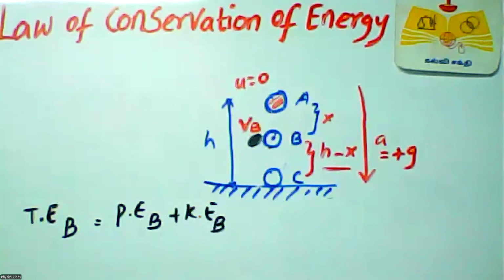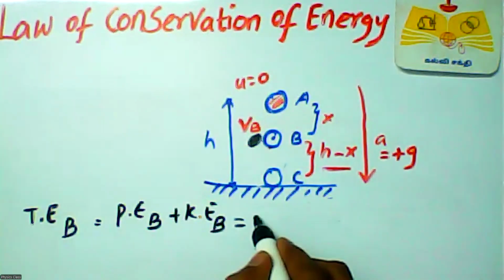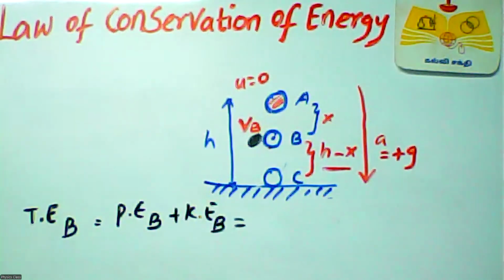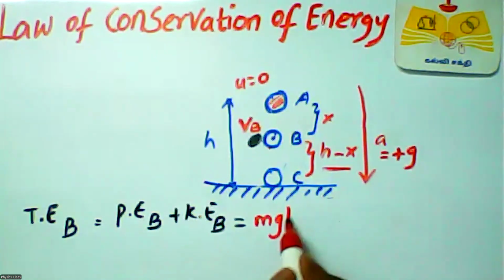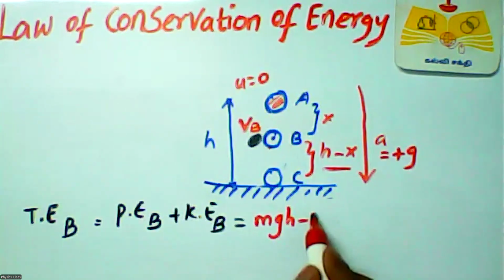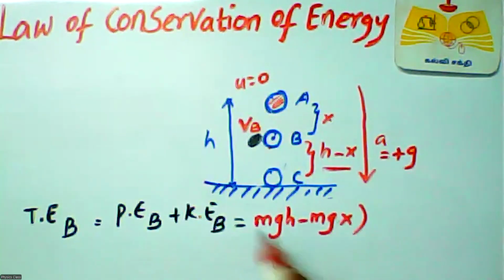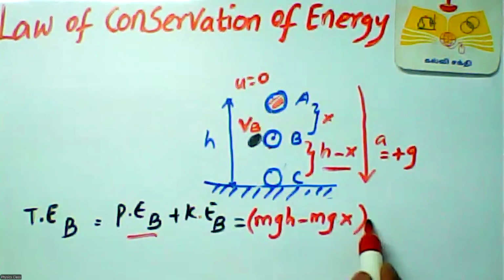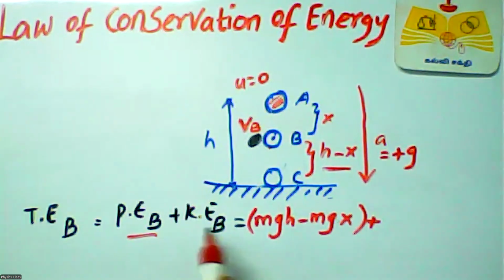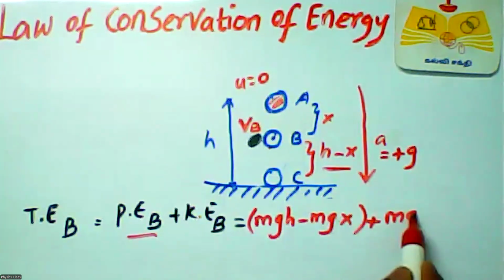So what is the value of potential energy here? mgh minus mgx. This is the potential energy. And now I can put kinetic energy, that is mgx.